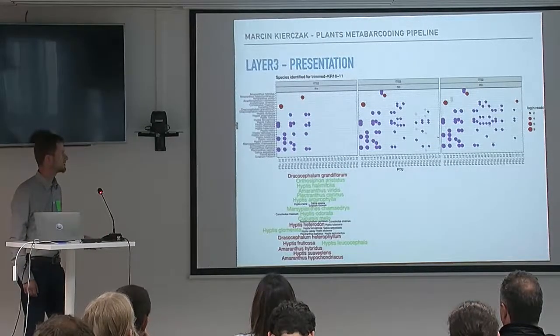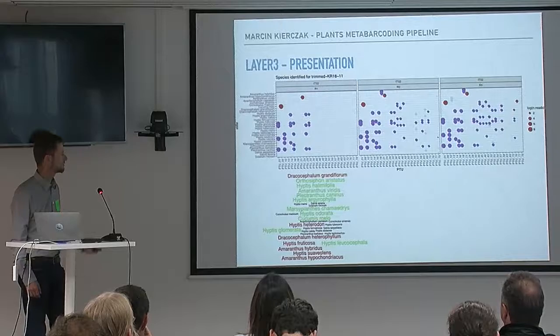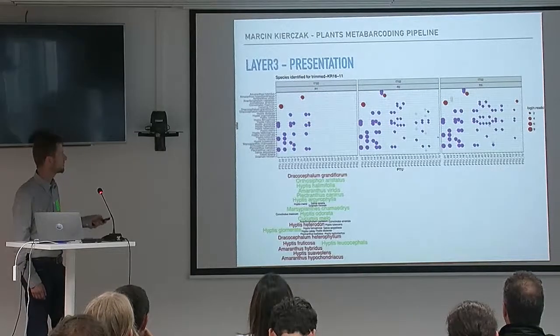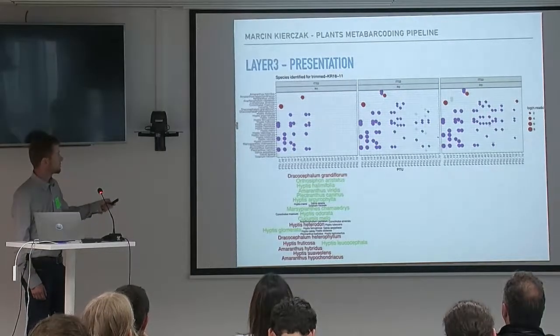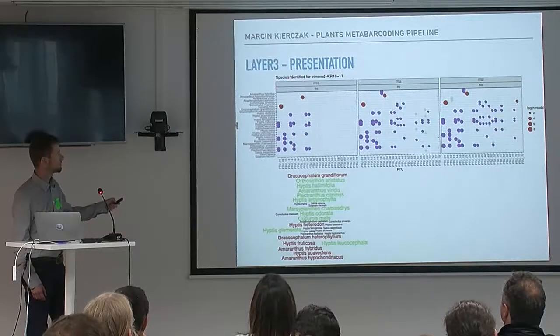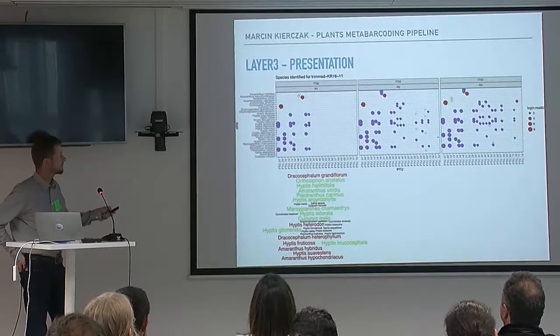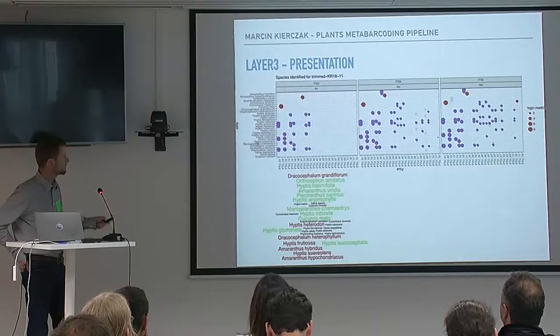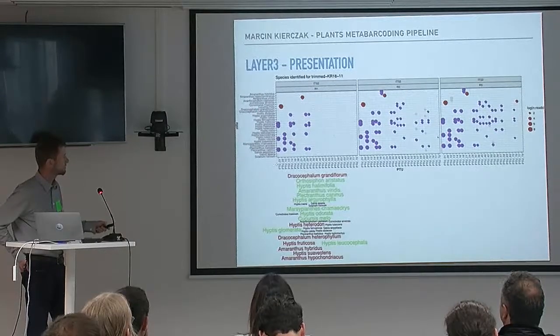And then we are presenting our results in a few different ways. Here you see an example for one of the samples. You can see that we are looking at ITS2, 3 different replicates, and here you have different species and different ASVs on the x-axis.